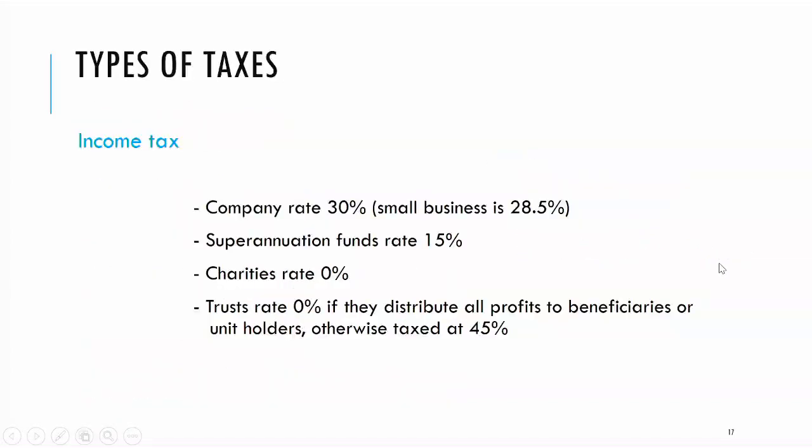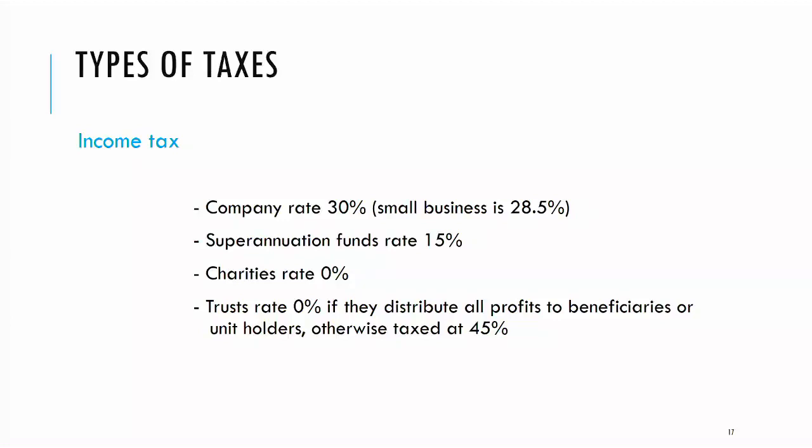Right. The next one, income tax. The company income tax rate is 30% flat. For small business it is 28.5%. The superannuation fund rate is 15%.